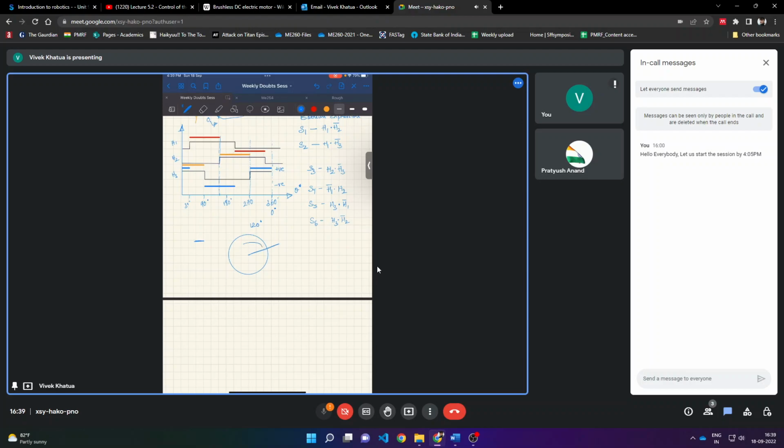My north pole would be perfectly in front of H1. It has covered 30 degrees and then 90 degrees, which is half of the north pole, so it will come exactly in front of H1.